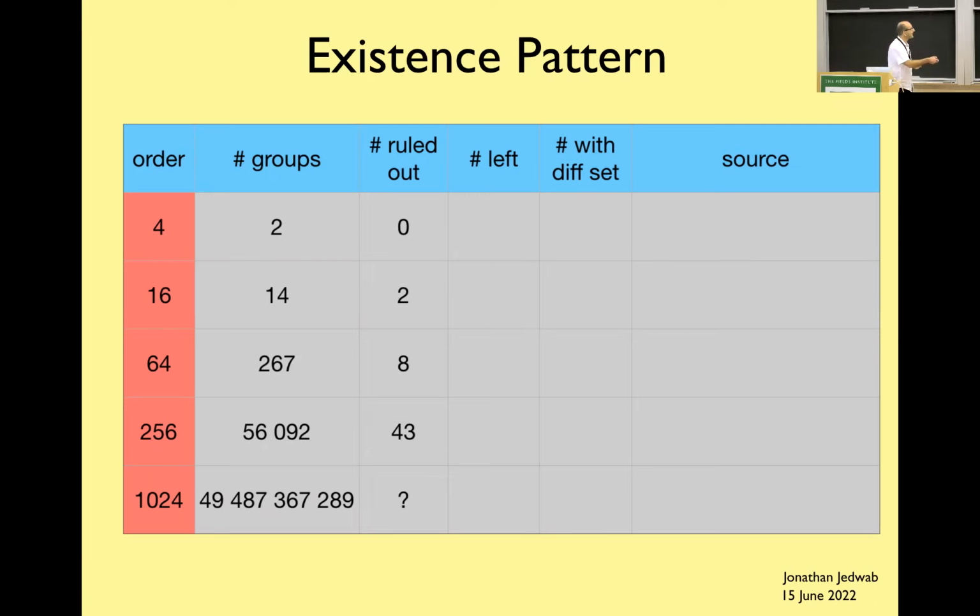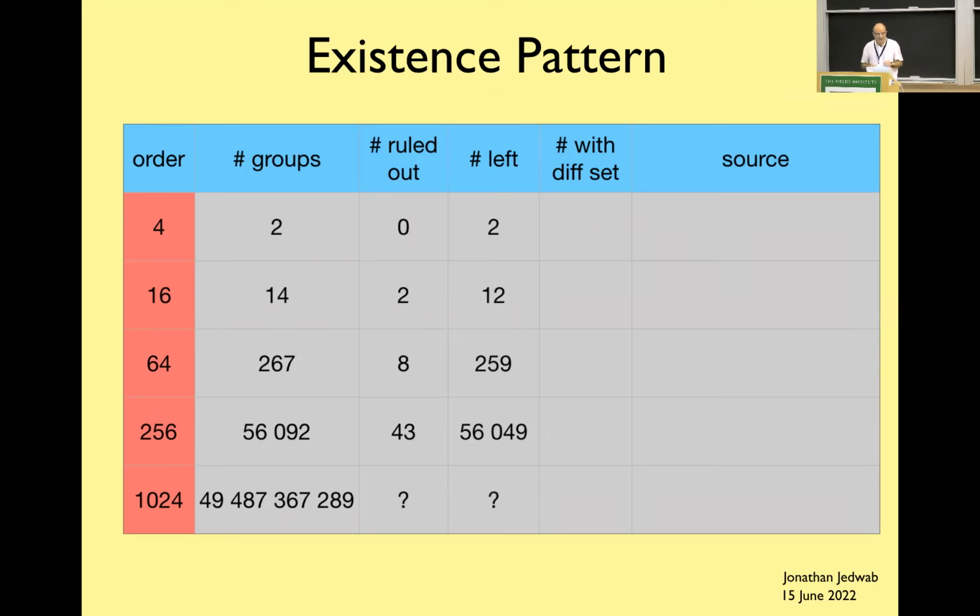Whereas this, I can tell you because I can just throw it on the database and get GAP to tell me the answer. So how many are left over? Just subtract. That's how many we're playing with. That's the potential. And now, of these non-excluded groups, how many actually have different sets?